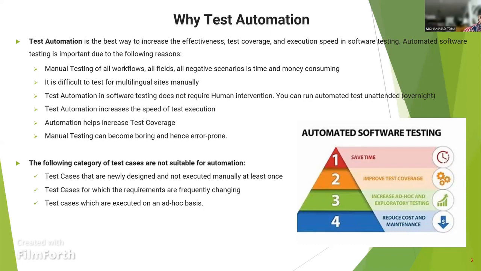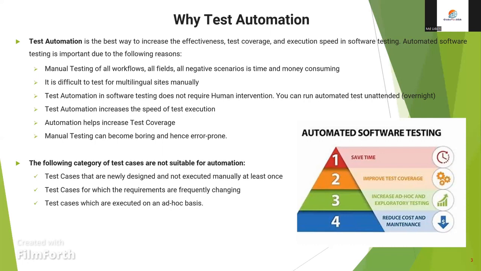So there is nothing like 100% automation. You cannot say there is 100% automation. Some manual testing has to be there. Companies do it, but still the manual is there, right? After you do the manual, you do the automation.